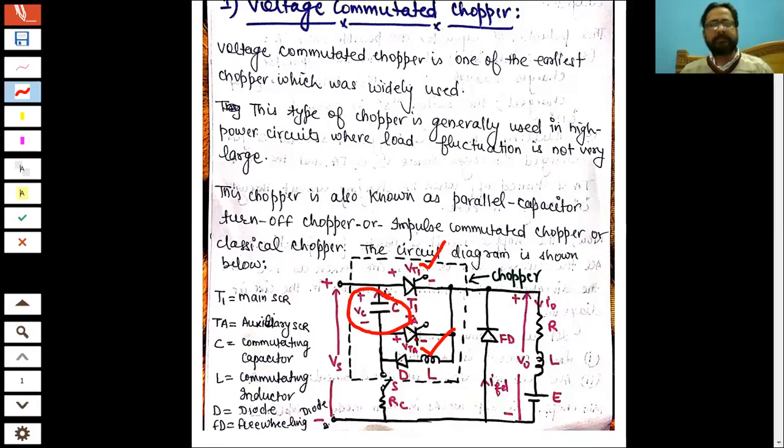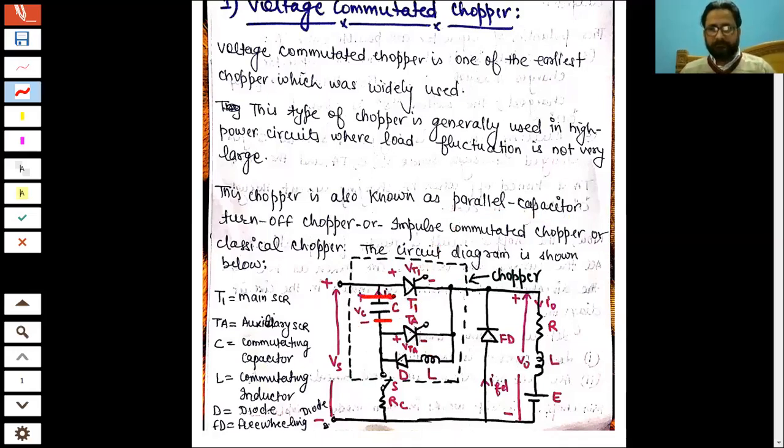Both SCRs will be turned on or turned off because of the capacitor connected between these two here, and it falls generally in parallel to the main SCR. Okay, when you apply network analysis, you will see that this capacitor falls in parallel to the main SCR, and that is why we call it a parallel capacitor, right?